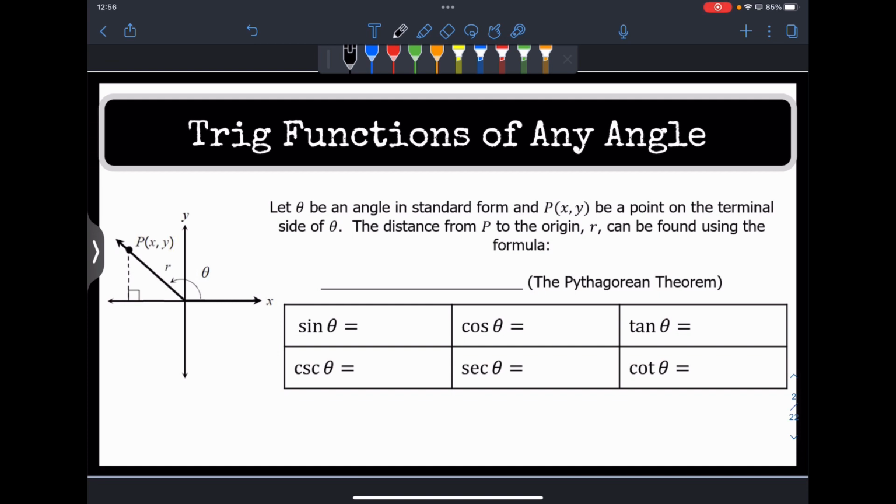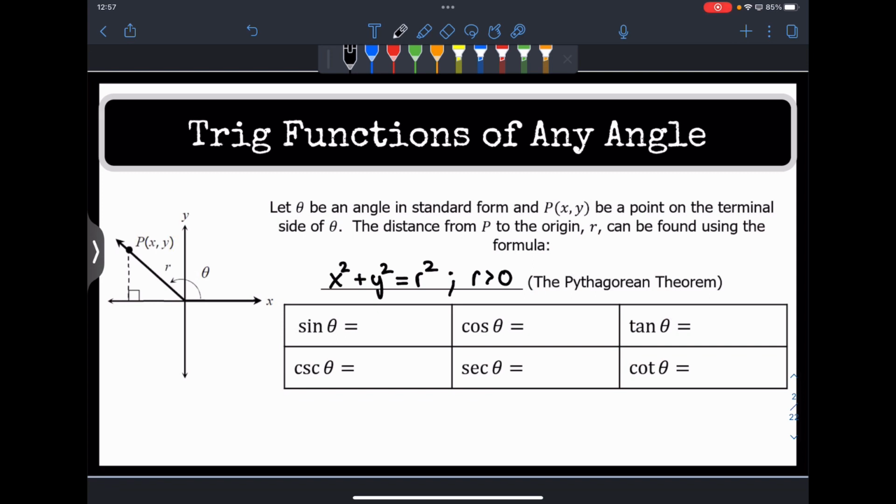But because the variables are x and y, we use x squared plus y squared equals r squared. And because r represents a distance, r always has to be a positive number.